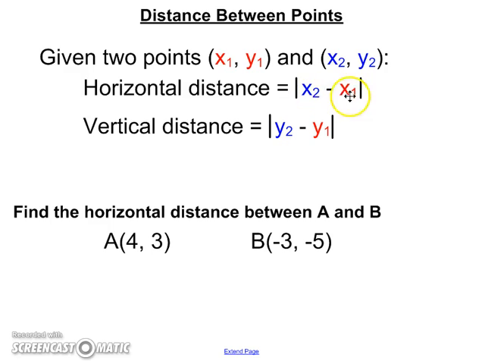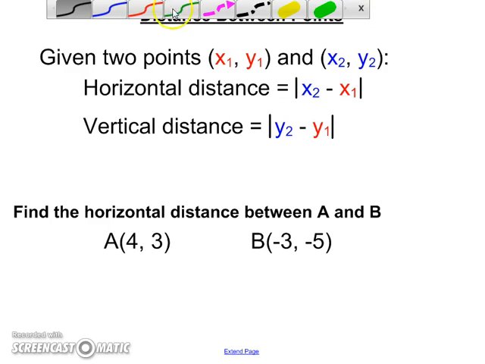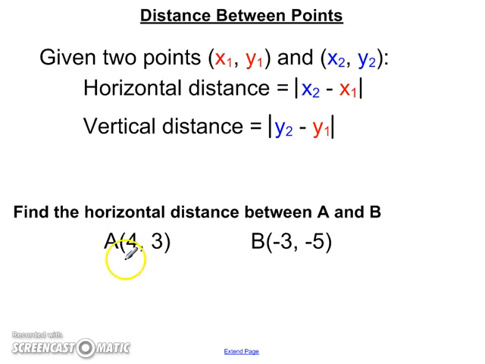Now we're going to subtract the x values because, if you recall, the x coordinates are the things that determine right and left. So if I want to figure out how far apart A and B are horizontally, I will subtract their x coordinates. Remember, we have x sub 1, my first x value, and x sub 2, my second x value.